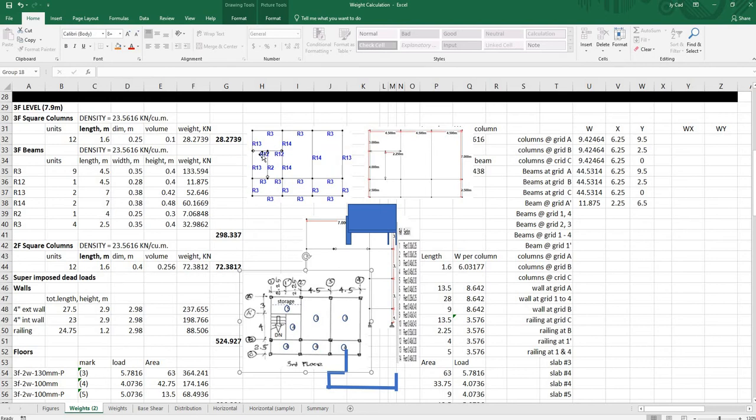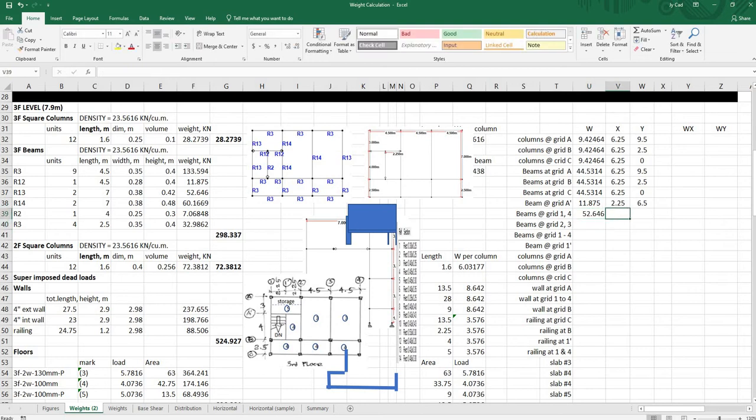So pwede nating pag-isahin na yan. Kaya beams at grid 1 and 4. Now the sectional area for R13 is 0.38 by 0.42. So 0.38 by 0.42 times 7 meters. Yan yung length. Multiplied by 23.5616. And we have 2 units.